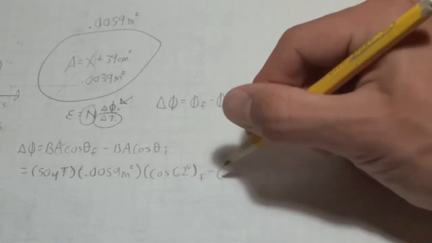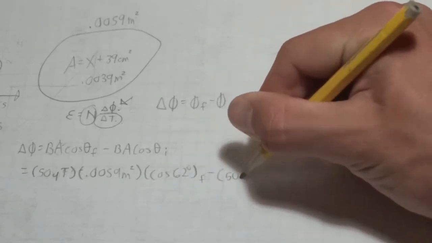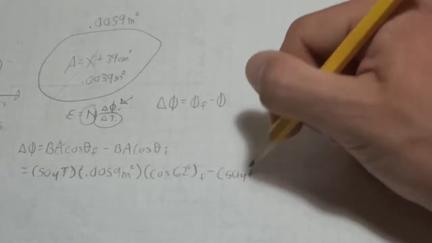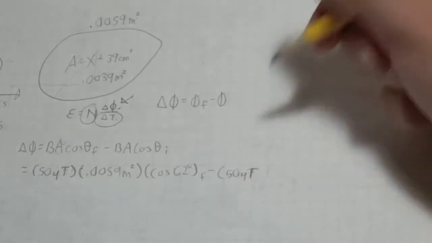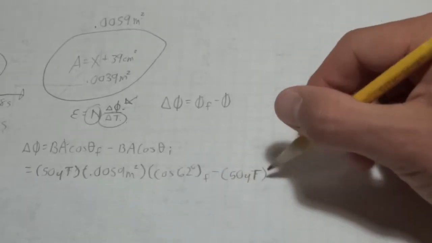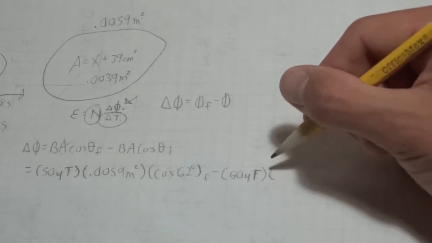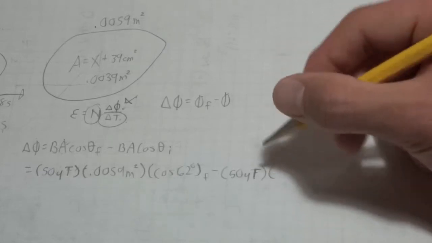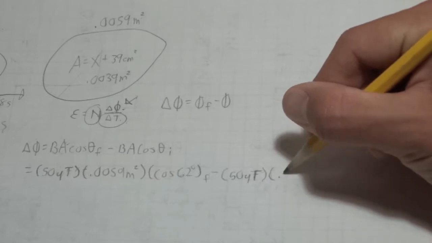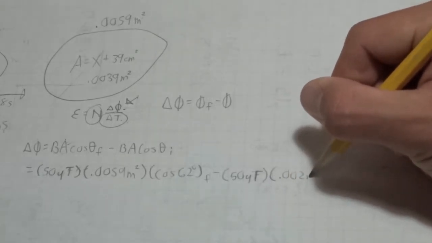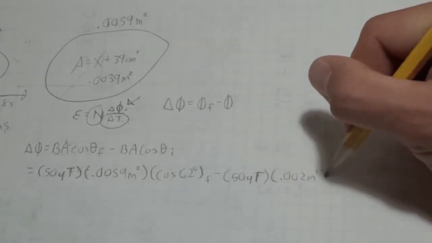Well, the magnetic field is going to stay the same, so 50 microtesla. And then we know we have a different area because our patient inhaled, 0.002 meters squared.